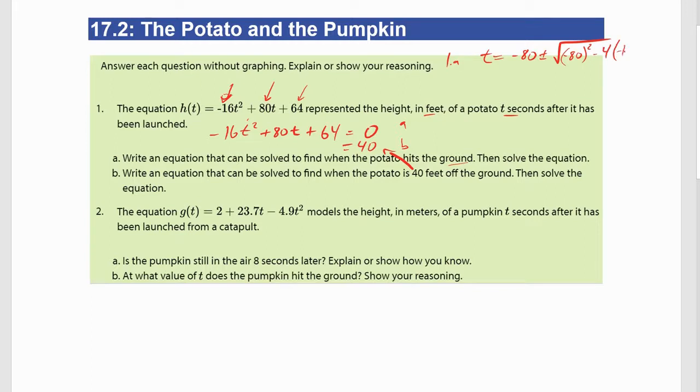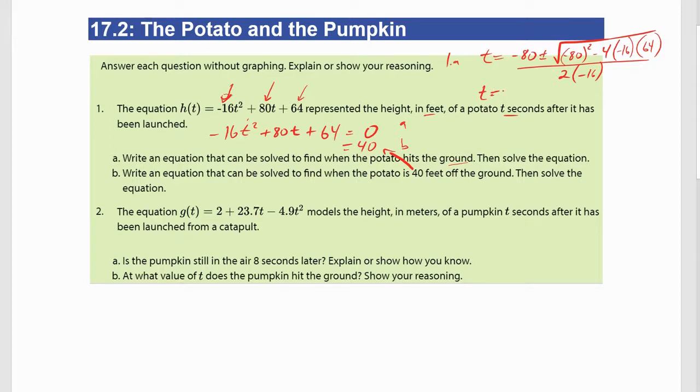Be careful with your negatives, okay? And c is 64, right? So that's all being square rooted, all over 2a, and a was negative 16. So go ahead and try that. Pause the video before I give you the answers and try to solve this yourself.